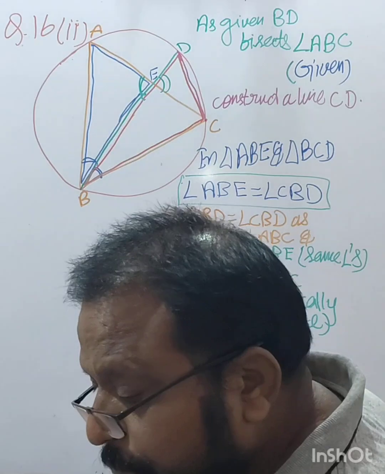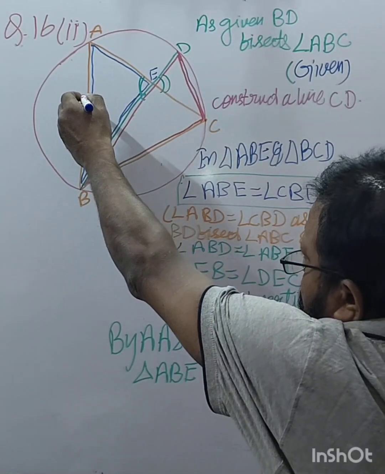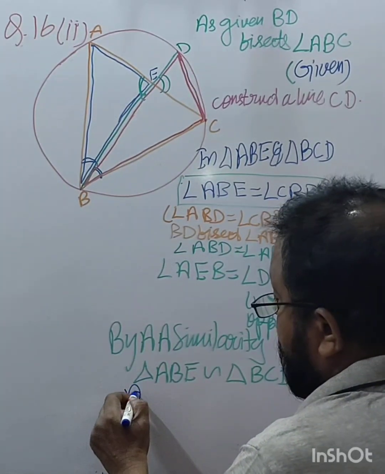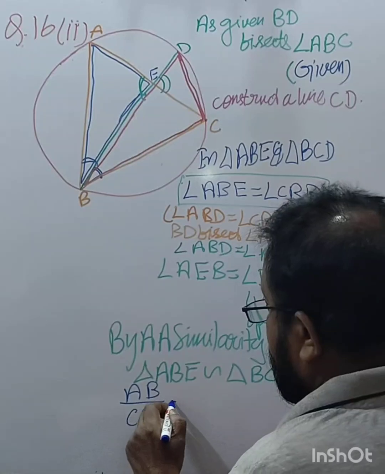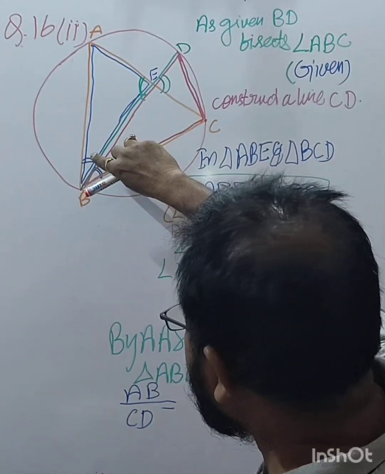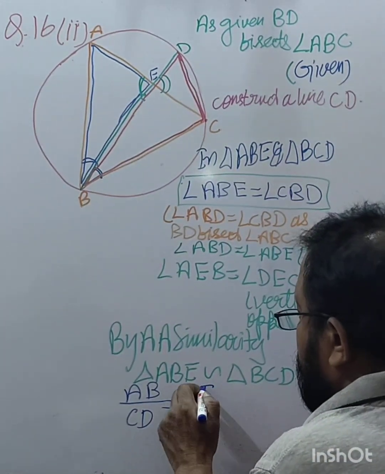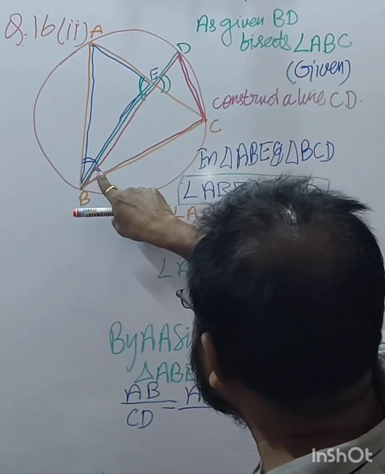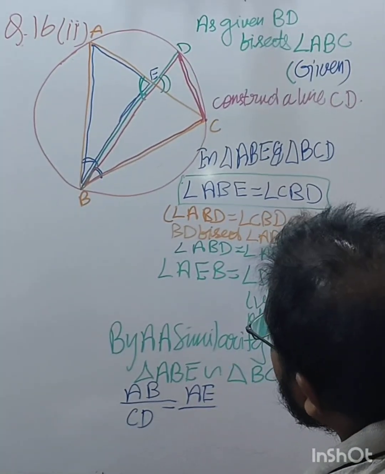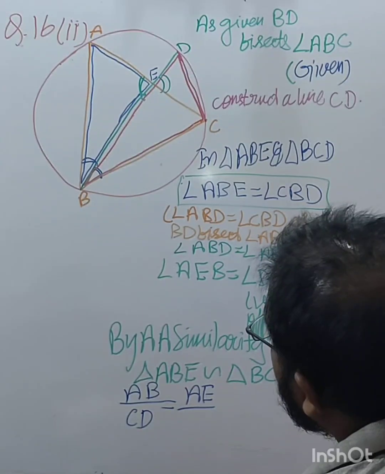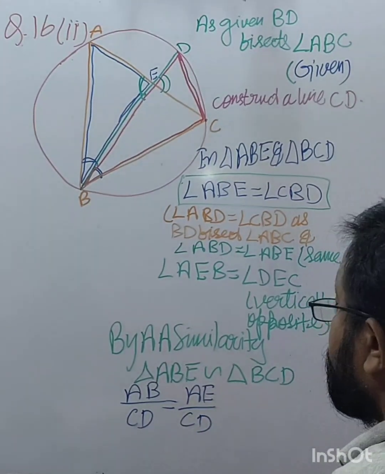Now, opposite to this, what is AB? So we can write AB upon CD is equal to, opposite to this angle, we are taking first ABE, so opposite to this is AE.